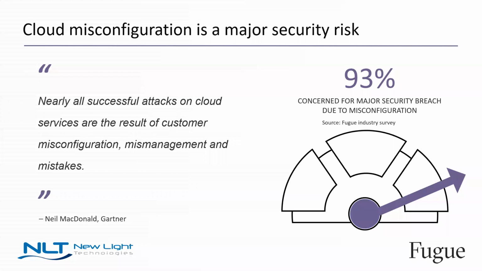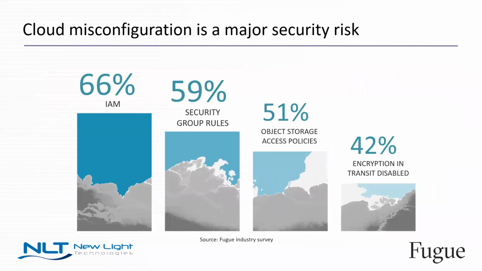Over on the right is one of the data points from a survey we did last year of 300 organizations operating at scale on cloud. And 93% of those organizations were concerned for a major security breach due to misconfiguration. So if you're in the 7% that aren't, you should probably be in the 93%. We see this all the time. Let's go to the next slide.